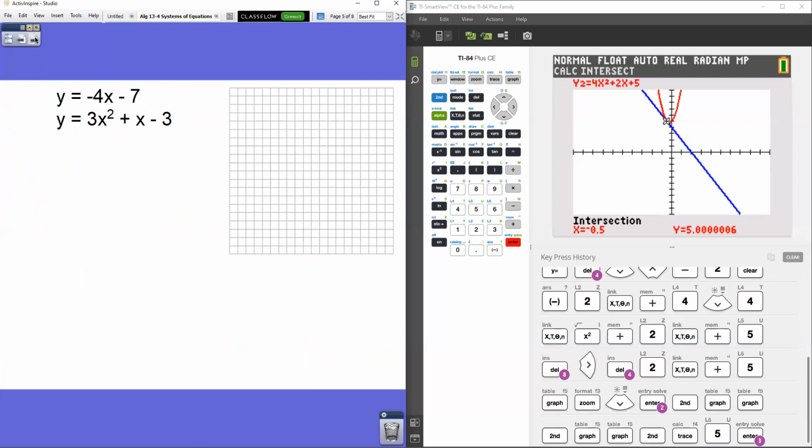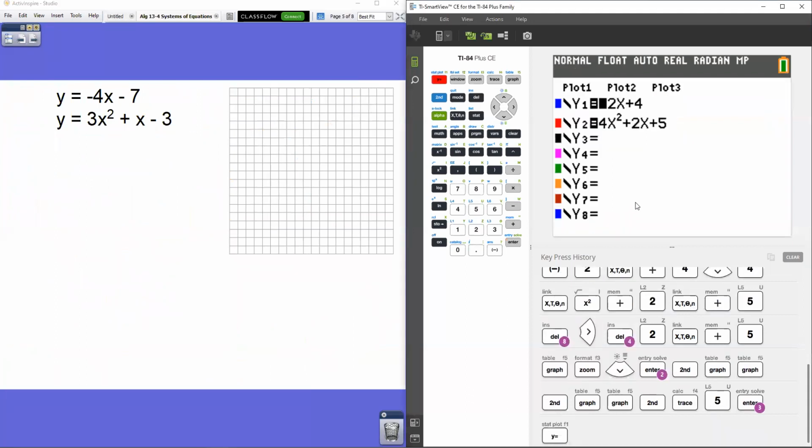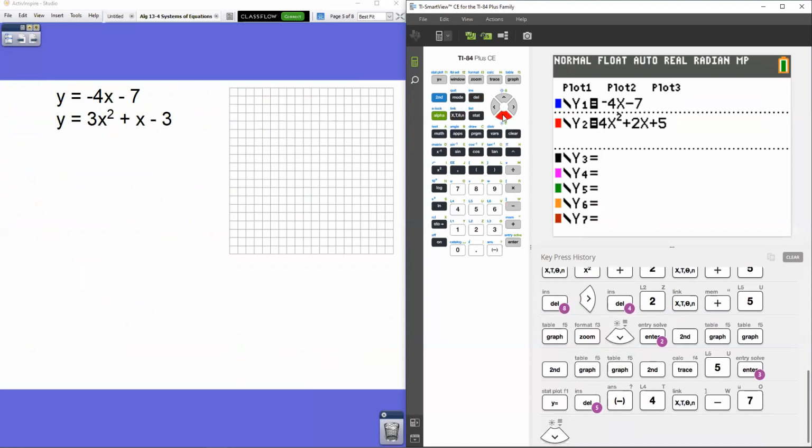So let's graph it first. Let's delete this one and have negative 4x minus 7. Go down here and we have 3x squared plus x minus 3.